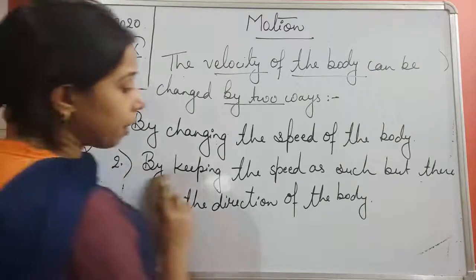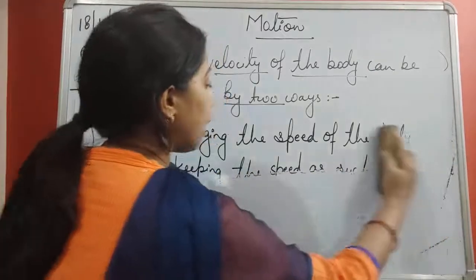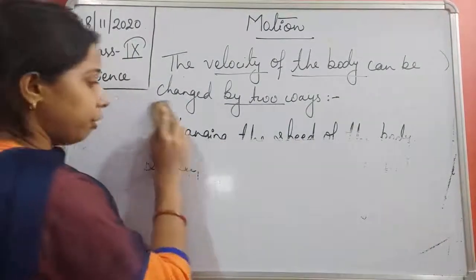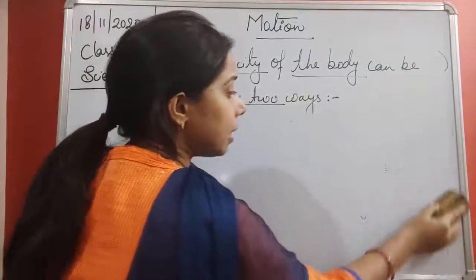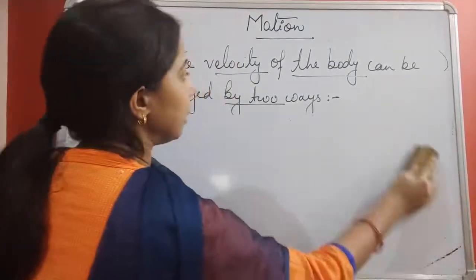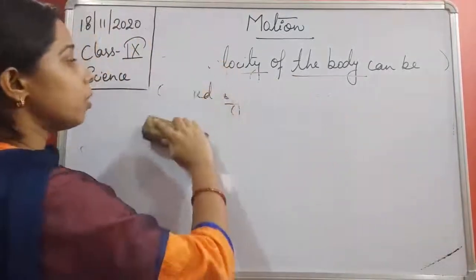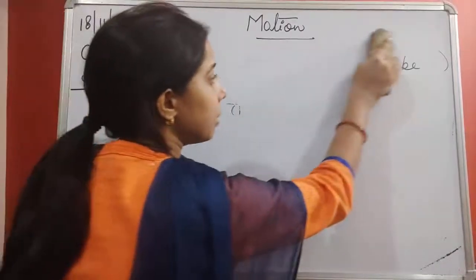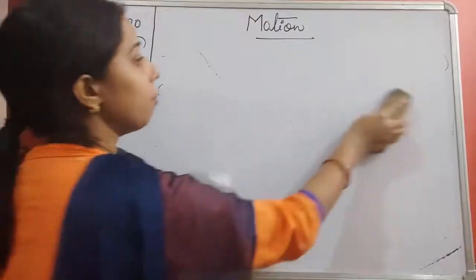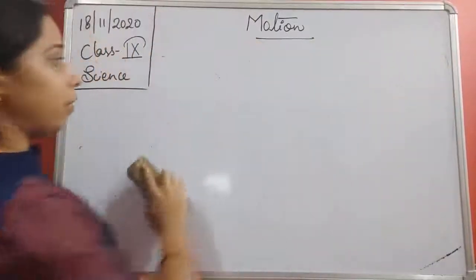Okay, so right now we have written the definition of uniform velocity, that it travels in a straight line, equal distance in equal interval of time, students. So let us write about non-uniform velocity or variable velocity.